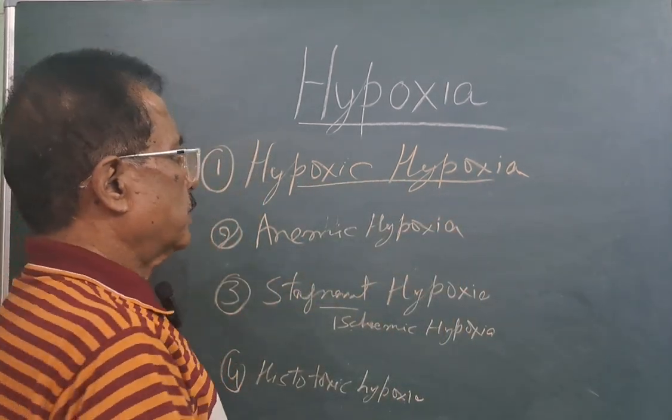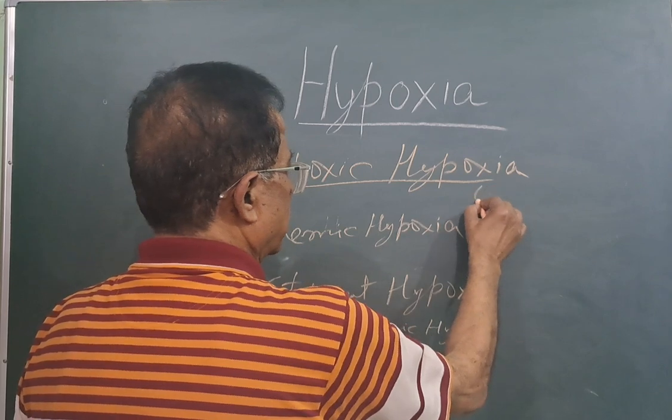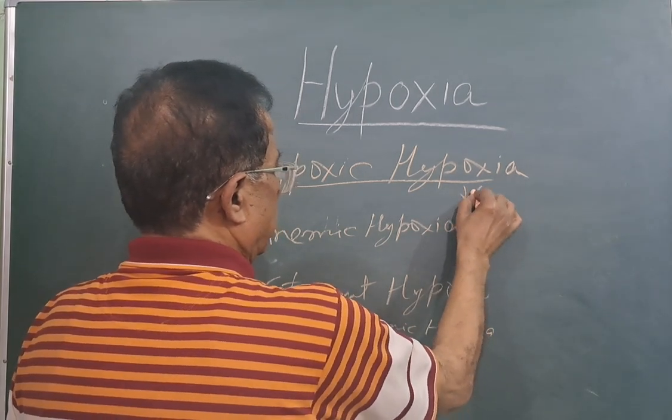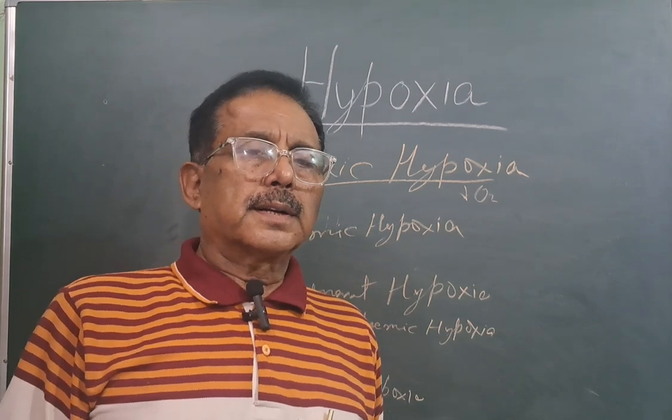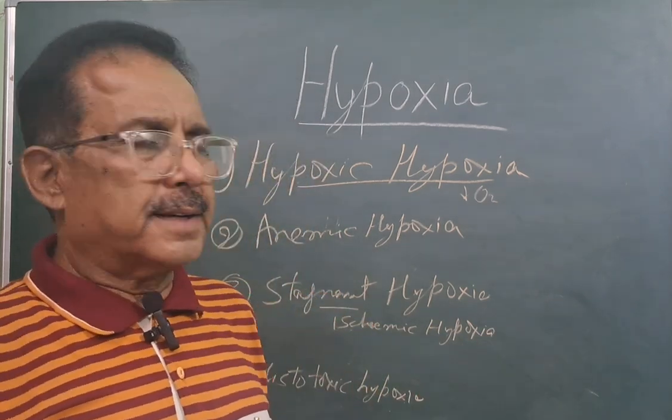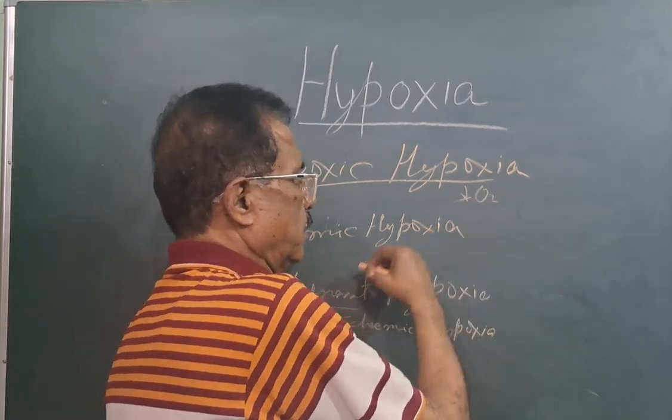In hypoxic hypoxia, partial pressure of oxygen is low. For example, at high altitude, partial pressure of oxygen is low.